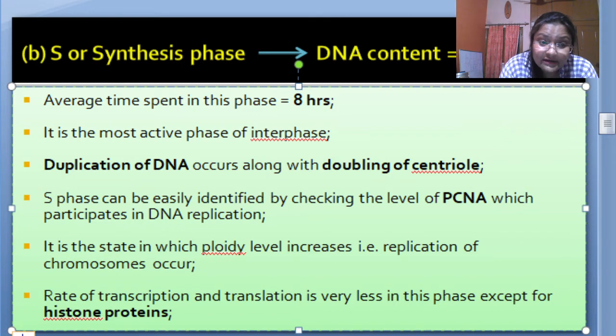Replication will occur, and the rate of transcription and translation is very less, I'm so sorry, because in this phase DNA is replicated, proteins are not. Only histone proteins are synthesized in this phase, which bind with DNA and make chromosome. Otherwise, translation is extremely low.